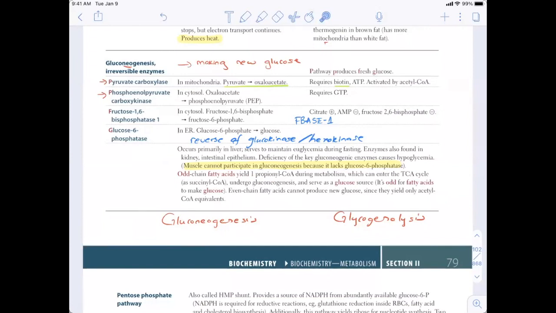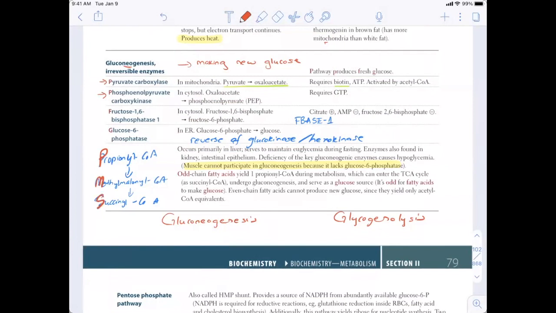So PMS means I go from propionyl-CoA to methylmalonyl-CoA to succinyl-CoA. That's the PMS. Remember that, PMS.